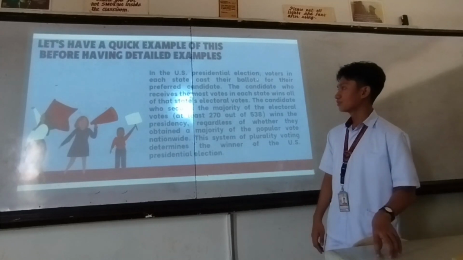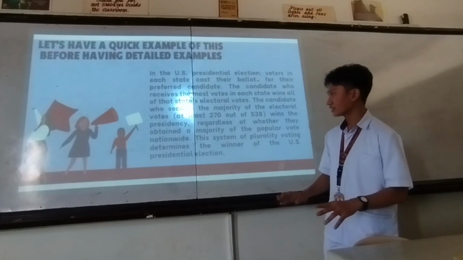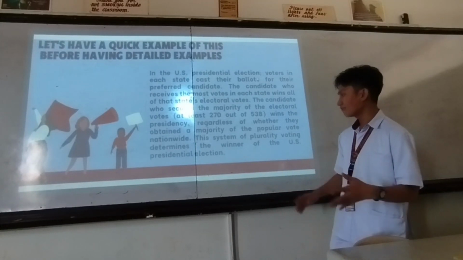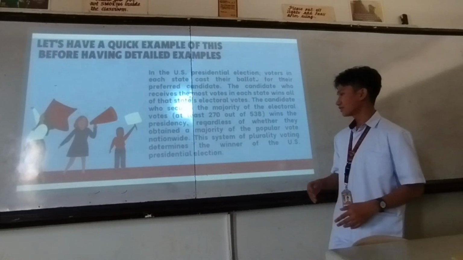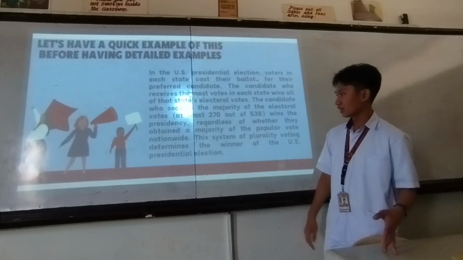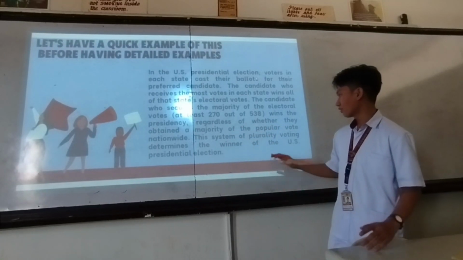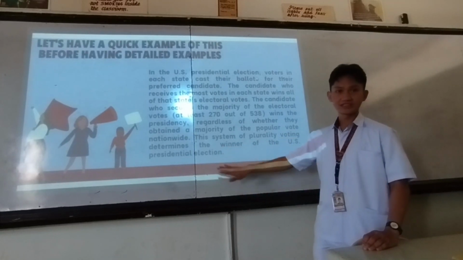The candidate who secures the majority of the electoral votes, at least 270 of 538, wins the presidency, regardless of whether they have obtained a majority of the popular vote nationwide, although this system of plurality voting determines only the winner of the U.S. presidential election.